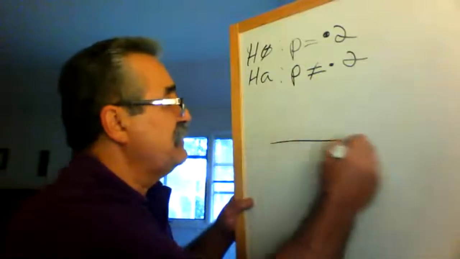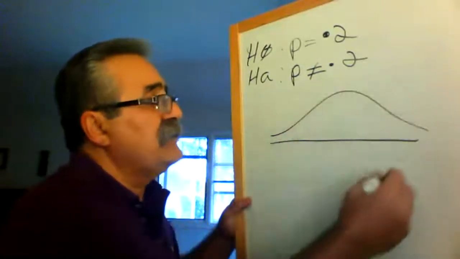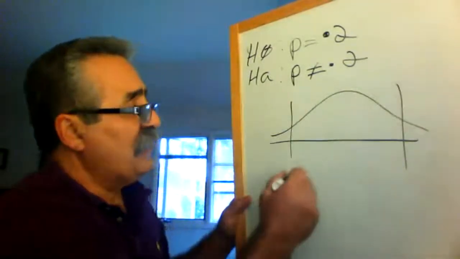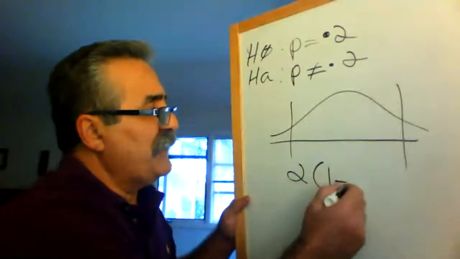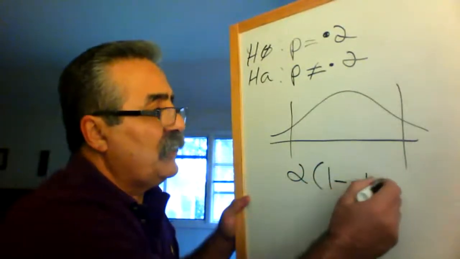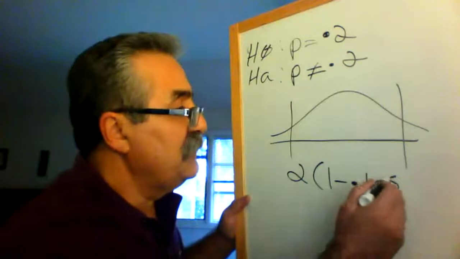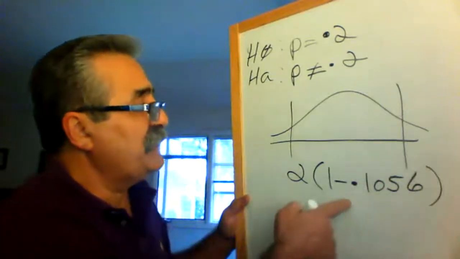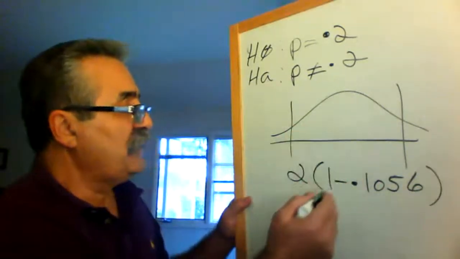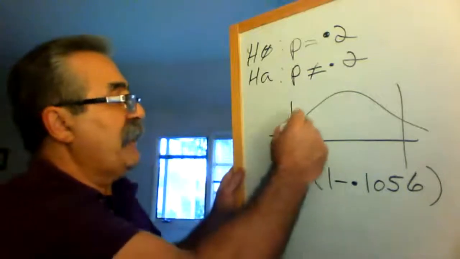This is the explanation. Okay? If this is what I did, that is showing this area right here.